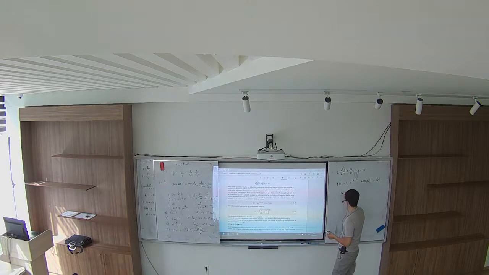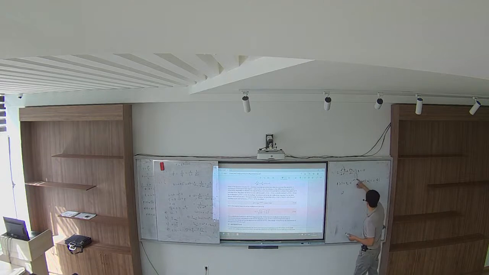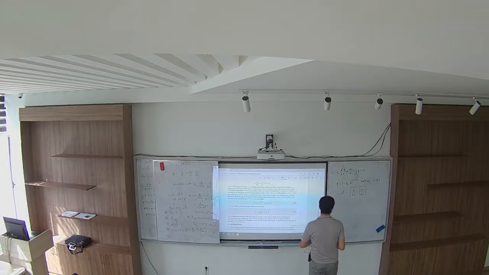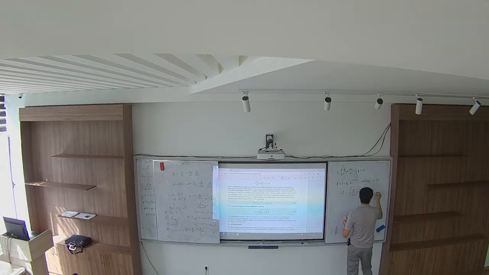So the omega prime is the square root of 1 over LC minus (R over 2L) squared. So this is the frequency, the angular frequency of the RLC circuit. Yeah?